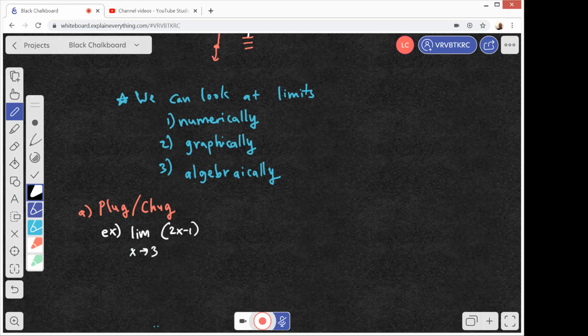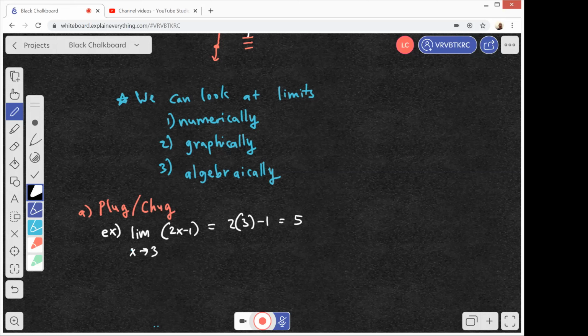No more table, no more graph, just plug in the number and get your answer. So x approaches 3. Wherever you see an x, just plug in 3. And that's the answer. That's the plug and chug method.